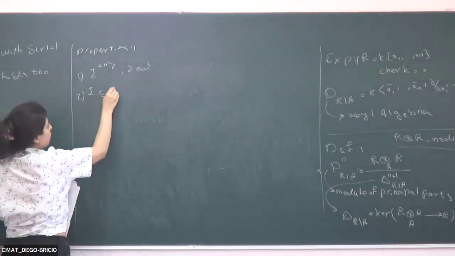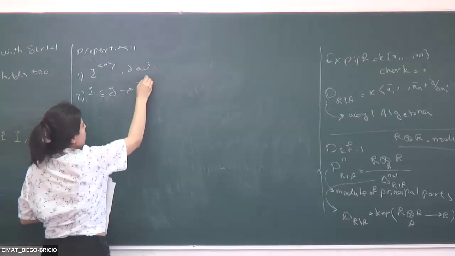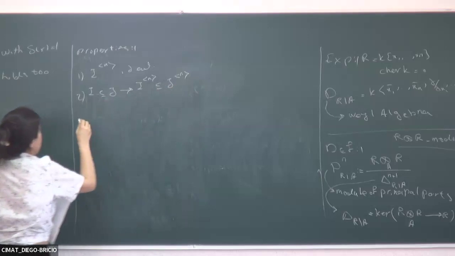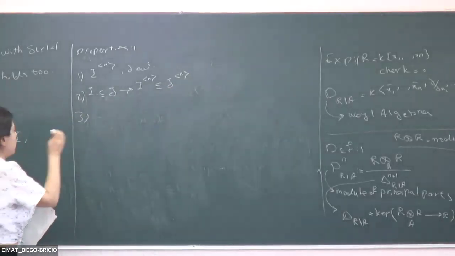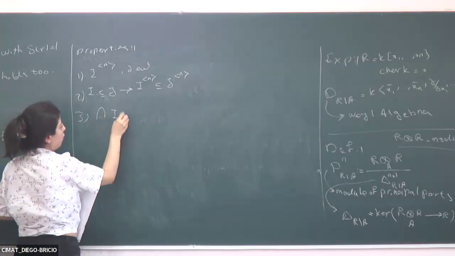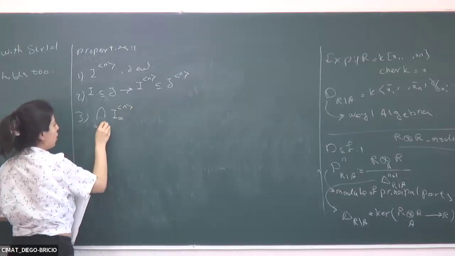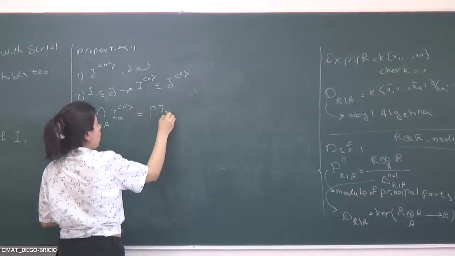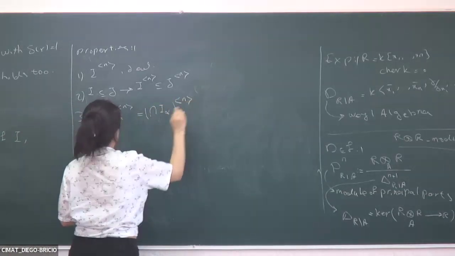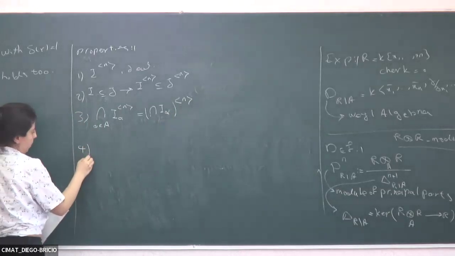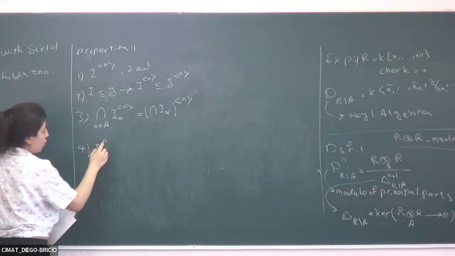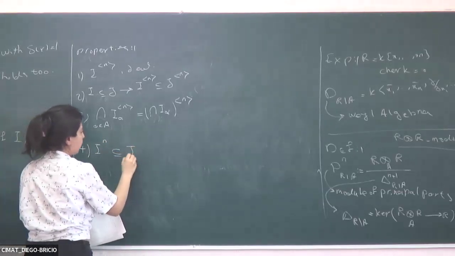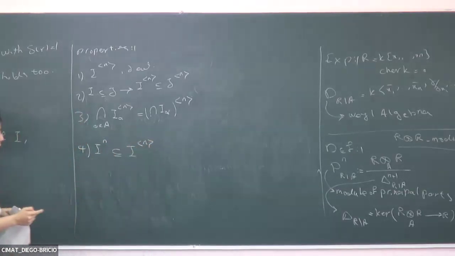If I is a subset of J, then I_n is a subset of J_n. The intersection of I_alpha n for alpha in a collection of ideals is equal to the intersection of I_alpha to the power of n. The simple power I to the power of n is always a subset of the differential power.